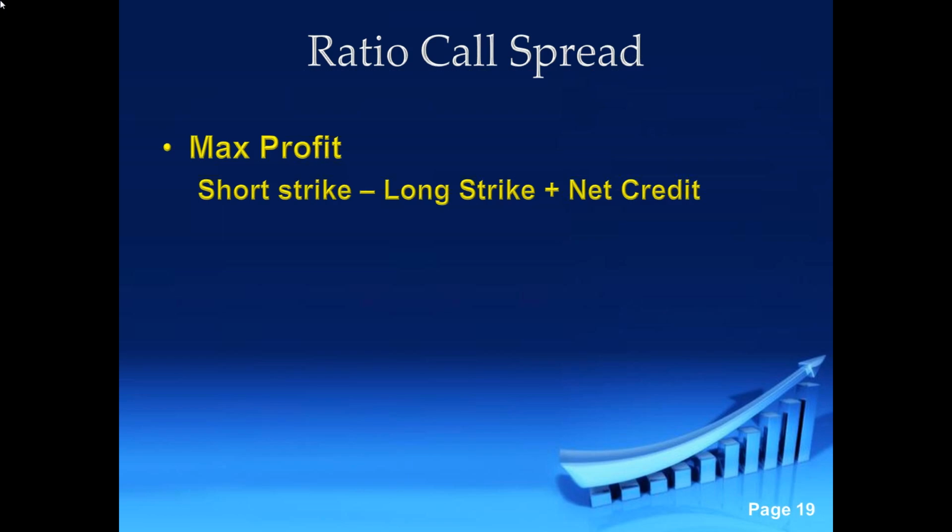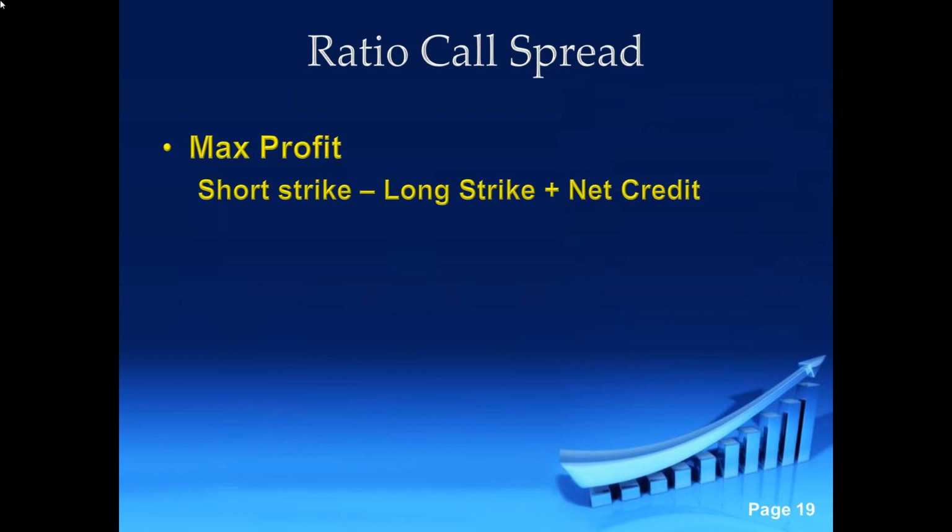And if we collected $1, we get that extra $1 credit. So that's a total of $6 max profit. That's if the underlying on the very final day at expiration is trading at 105. The underlying is trading at 105. The bell rings. That's the only way to achieve your max profit. Okay.